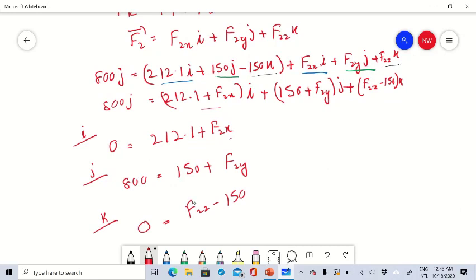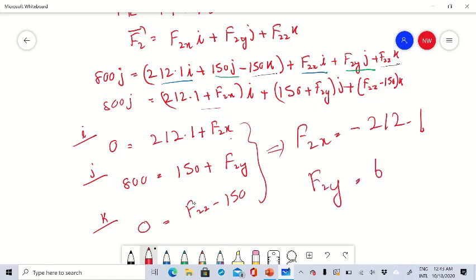So if these two are equal, then this one should also be equal to 0, right? From here we can say F2x is equal to minus 212.1 and F2y is equal to 650 and F2z is equal to 150, right?